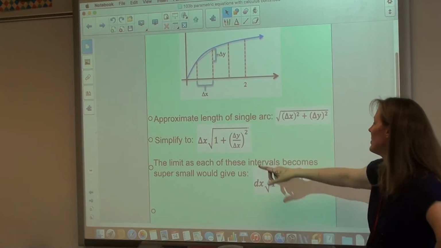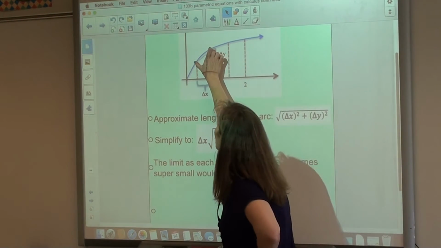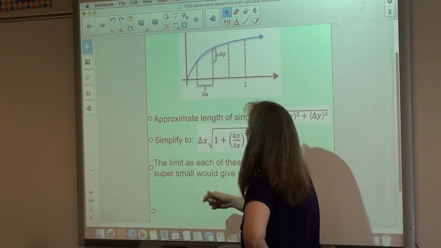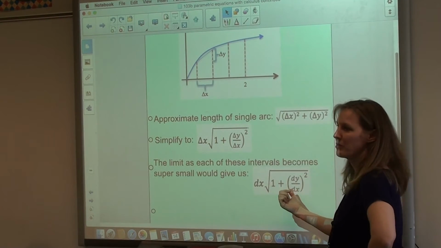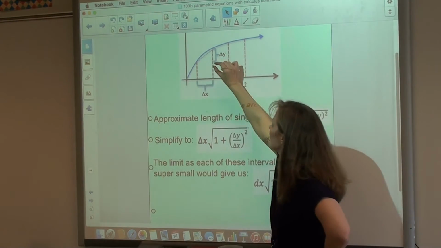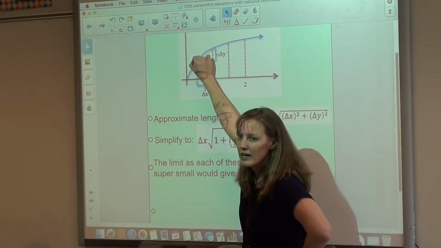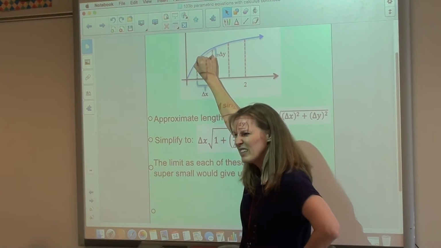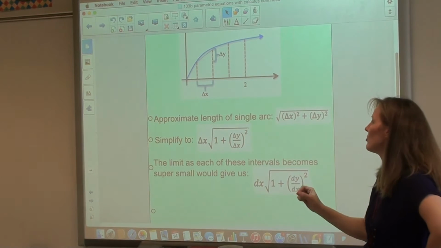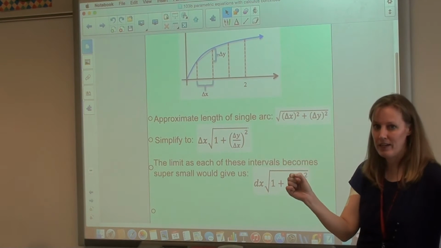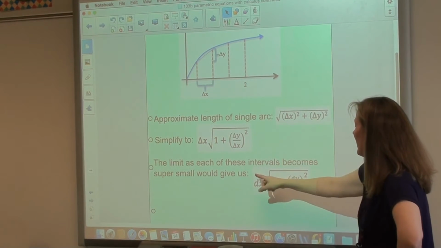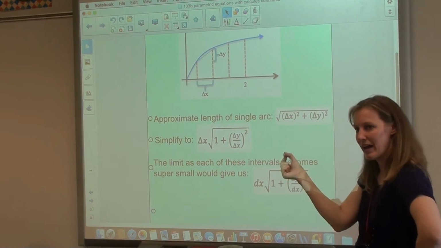So now we've taken this big arc, and we've used the same formula, except this formula gives us the length of a really, really tiny arc, so tiny it's like a dot. This is the length of that dot.